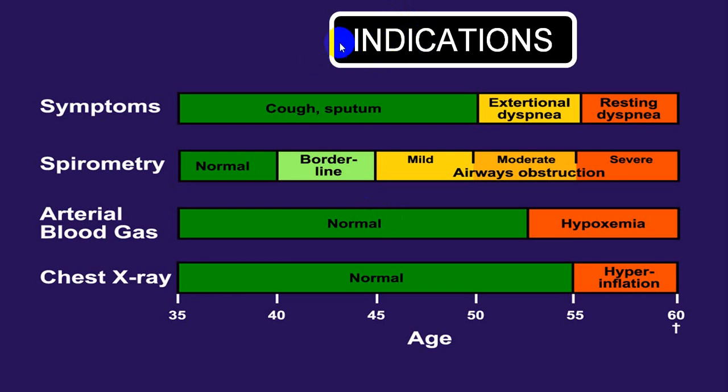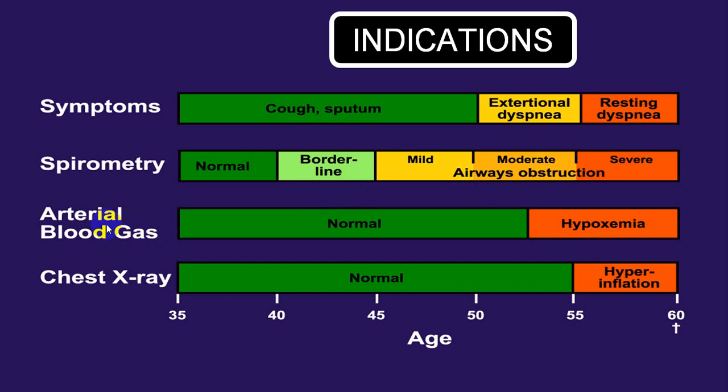Some of the indications: if any person has a cough, sputum, exertional dyspnea, resting dyspnea, then you go for a spirometry. Spirometry will give you an idea regarding whether it is normal, whether there are any marginal changes in the PFT, or there is an obstructive element or a restrictive element, which can be mild, moderate, and severe. So, severity and type of involvement, whether obstructive, restrictive, or a mixed variety.